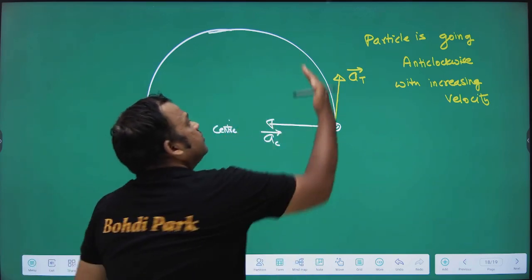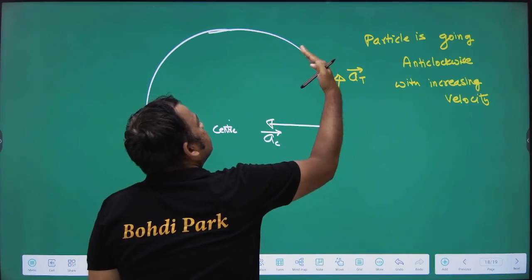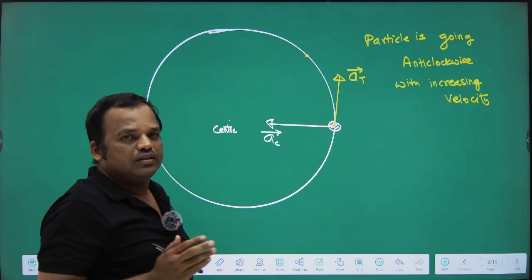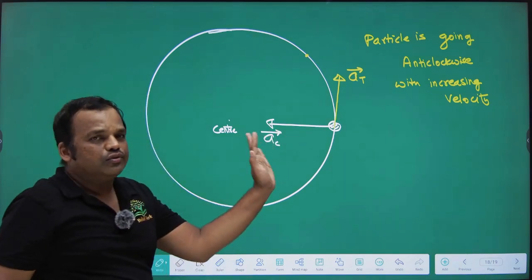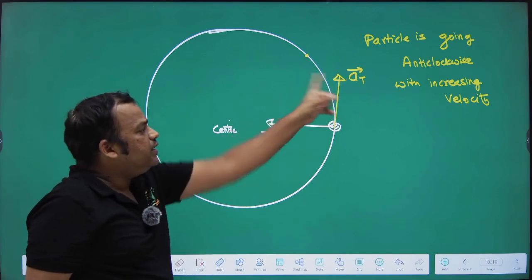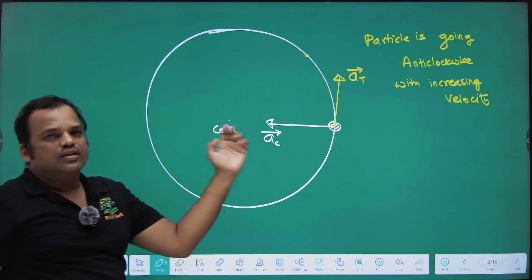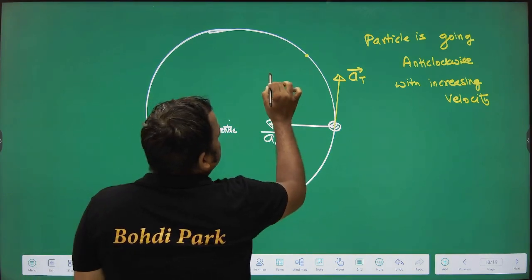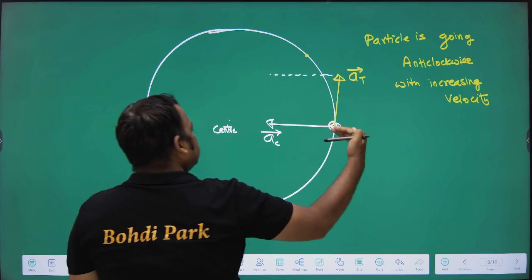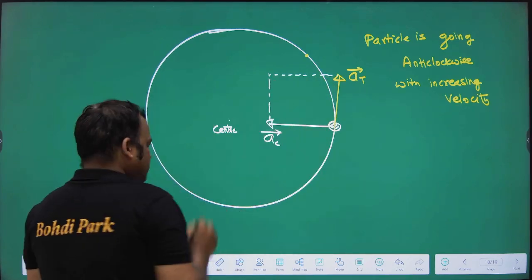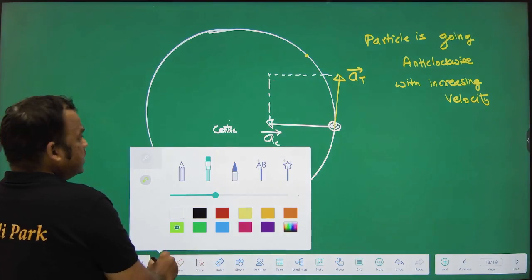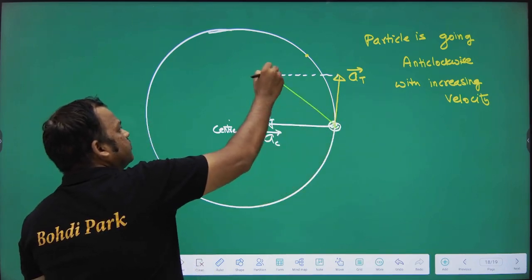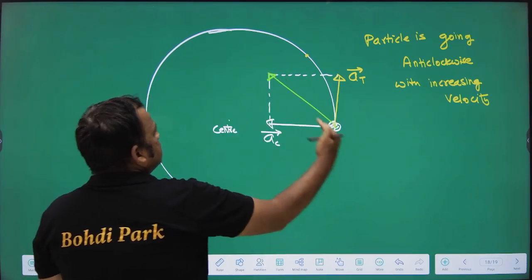After some time, suppose when the particle is here, the velocity will be this way. So a_t vector is also along the velocity. So both are parallel. But in this diagram, I am not drawing the velocity vector. I am drawing only a_t vector and a_c vector to show the resultant acceleration. So let's complete the parallelogram. Now we have two vectors here, a_t vector and a_c vector. Using the parallelogram law of finding the resultant vector, we will consider the diagonal.